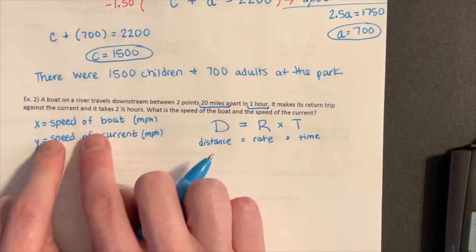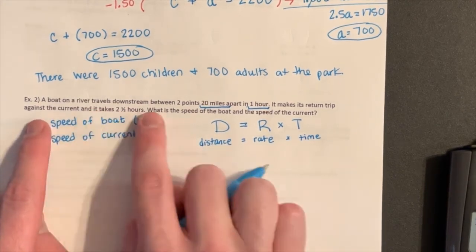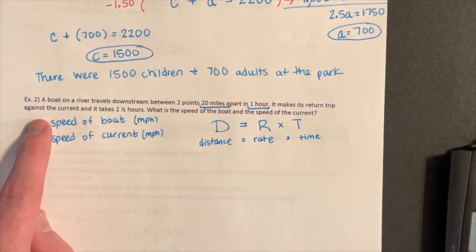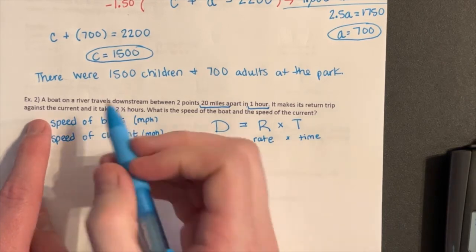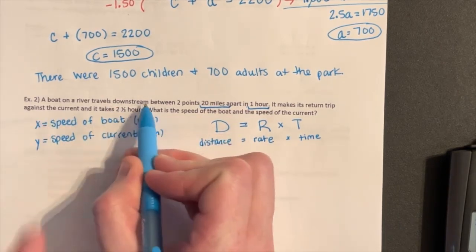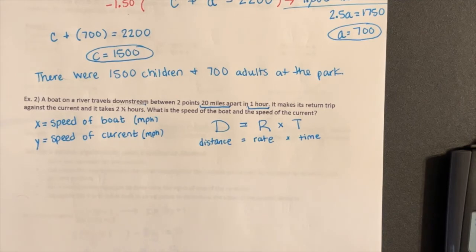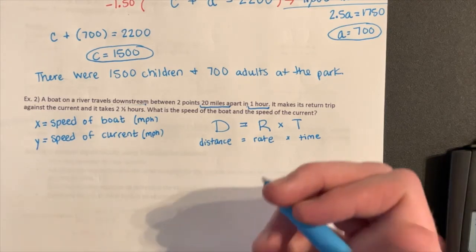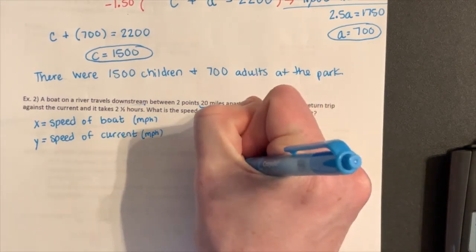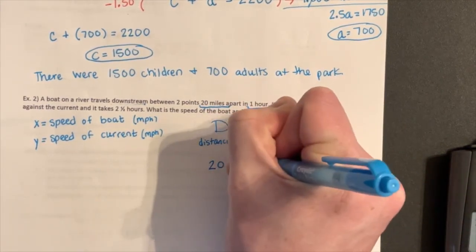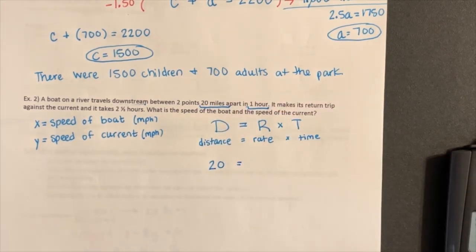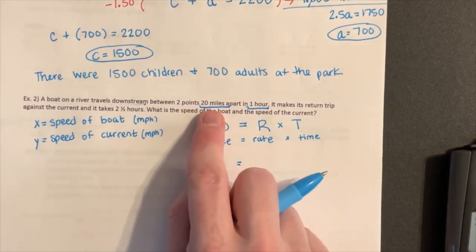So think back to what it means when you're traveling downstream versus when you're traveling upstream against the current. If you're going with the current downstream, you should be going faster because the current is helping you along with the speed of the boat. So we're going to travel 20 miles no matter what, because it's the distance between the 2 points.